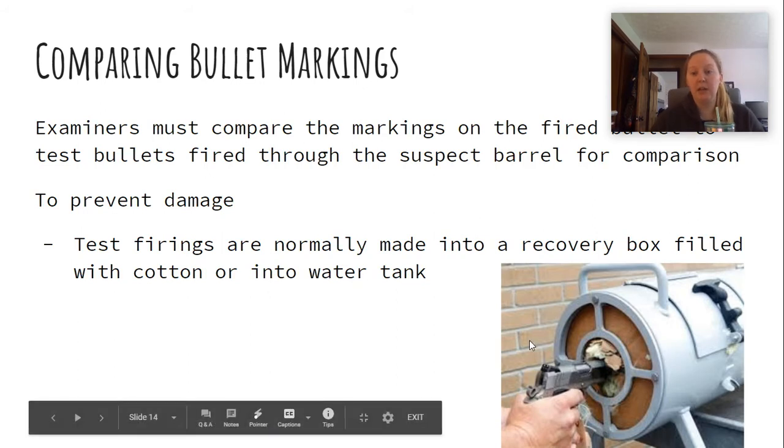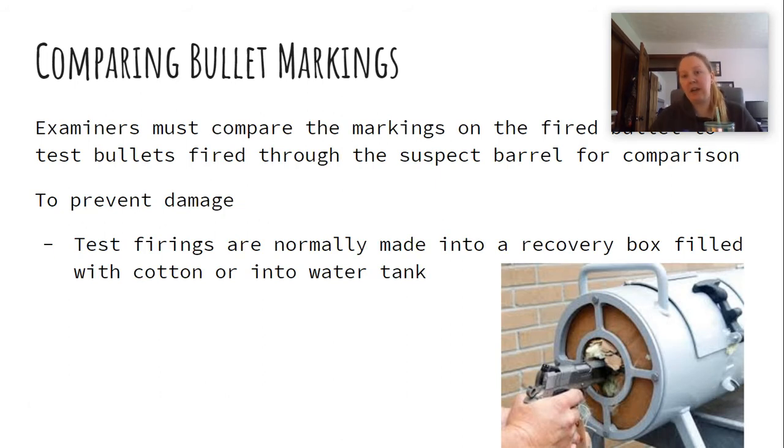This one here is filled with cotton, but most commonly you see examiners firing into a bucket of ice cold water. It's called a water tank. Water slows the speed of the bullet, and ice cold prevents it from being damaged. Same with the cotton.